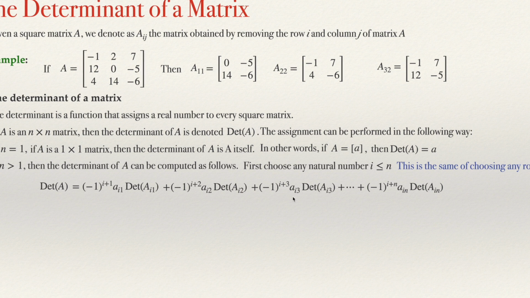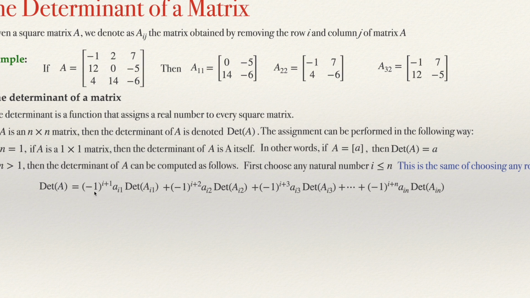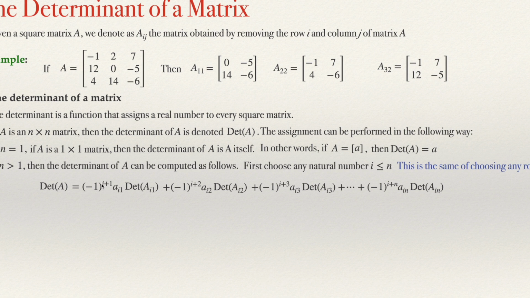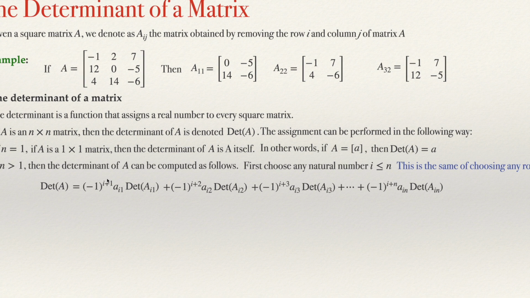You should observe that this minus 1 raised to a power just defines the negative or positive sign of each of the terms. For example, if this I is 1, when I add 1 plus 1, the exponent will be an even number, and then this will be minus 1 to the power of an even number. It's always a positive 1.